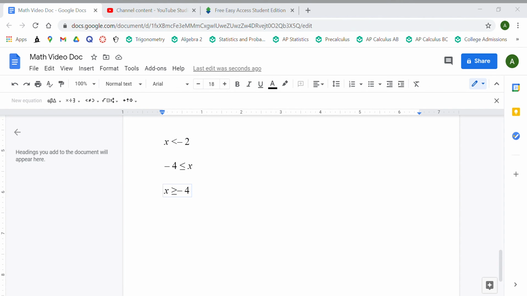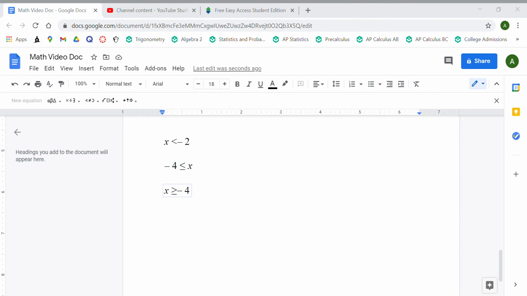Who's ready for my excellent drawing again? So we put negative 4 in the middle, put consecutive integers right next to it, and then so we have x greater than or equal to negative 4, and notice the equal to, so we're going to draw a closed circle.